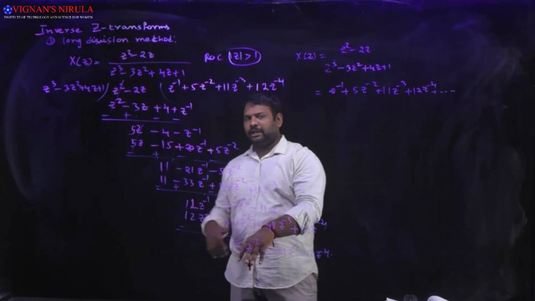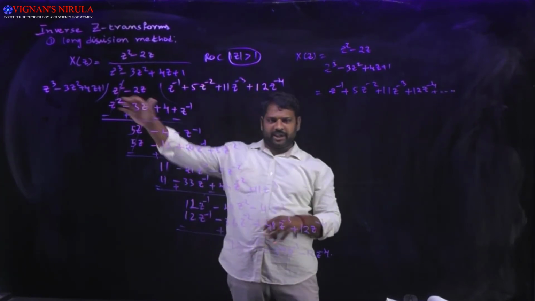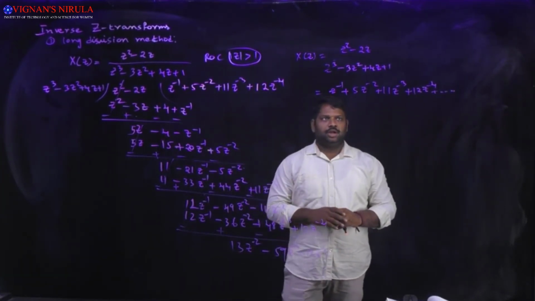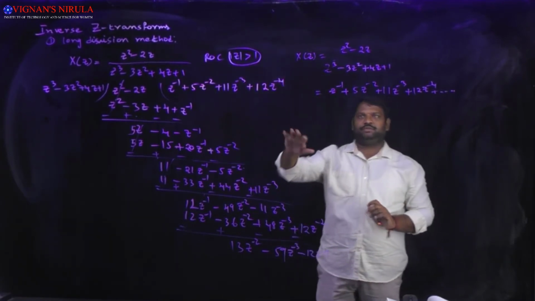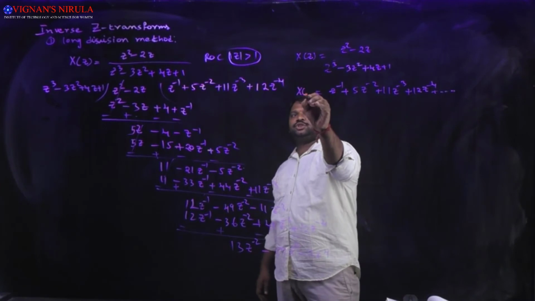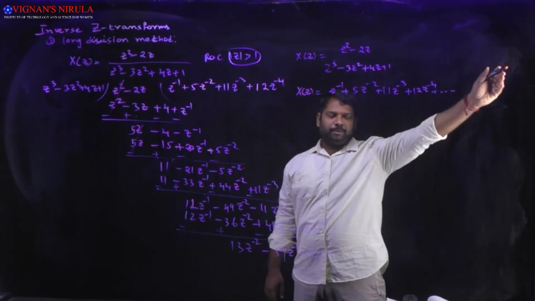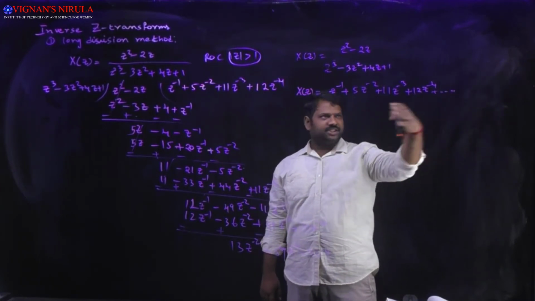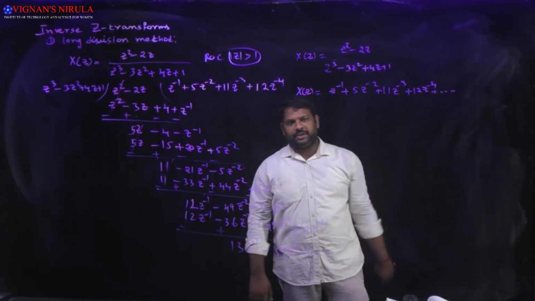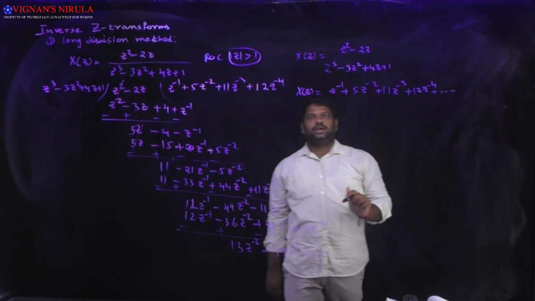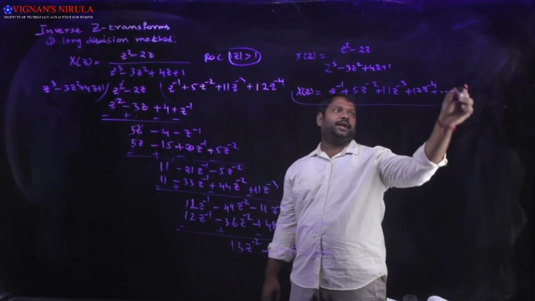After that, this remainder by the divisor. This is a continuous series. Therefore, this particular X of z will be written as the coefficients followed by the remainder by the divisor. But this is an infinite series, so there is no need of considering that remainder by the divisor. Hence, this is the given X of z.